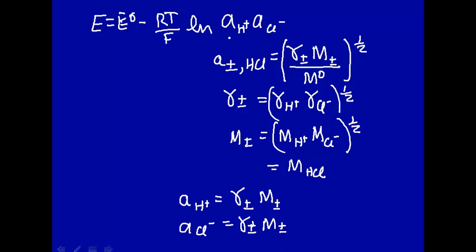So switching from the activities of individual ions to mean activities, we can rewrite the Nernst equation as E is equal to E0 minus RT over F, we're saying n is equal to 1, times the natural log of the mean activity coefficient squared times the average molarity, M plus minus, squared. You get a term for the H and a term for the Cl, and therefore when we replace the averages we get the squared.